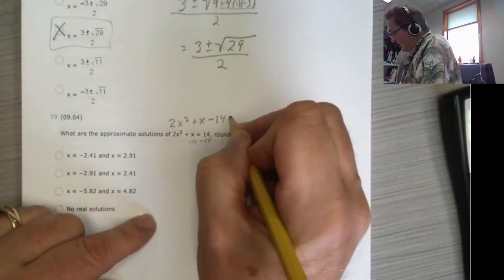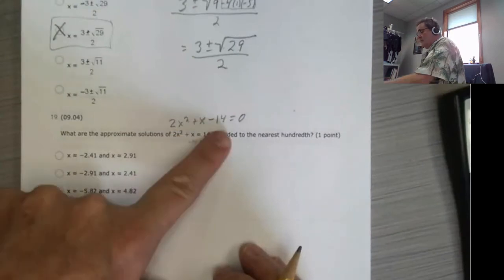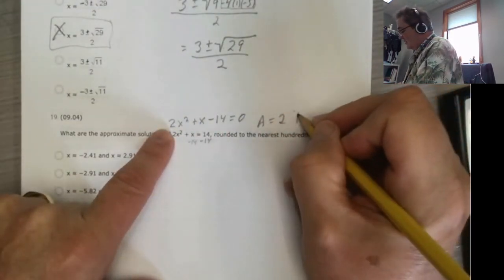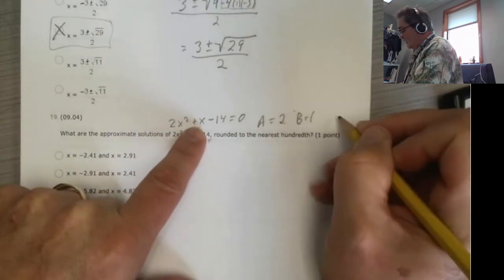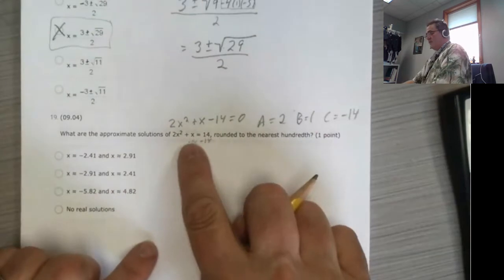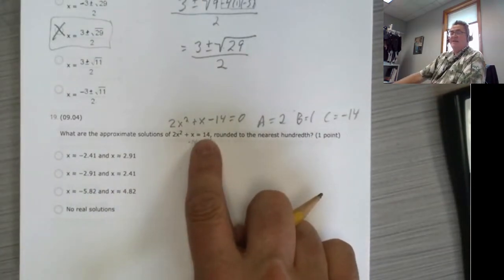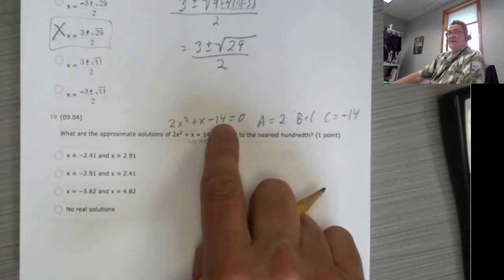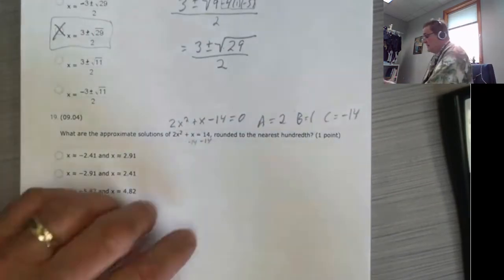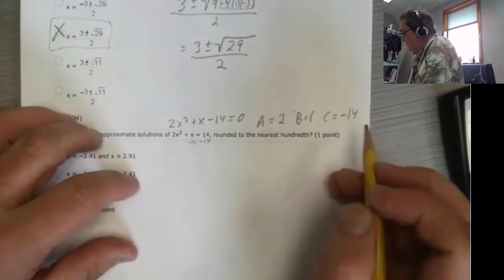Minus 14 equals 0. So now our a is 2, our b is 1, and our c is -14. If we don't move that over first, we're going to look at that and say, oh, c is 14. No, it's not. It's -14 because we have to have it equal to 0 to use the quadratic formula. So a is 2, b is 1, c is -14.